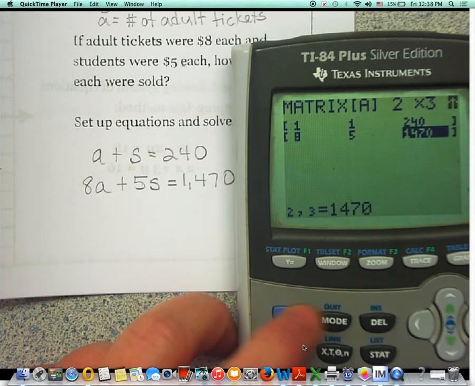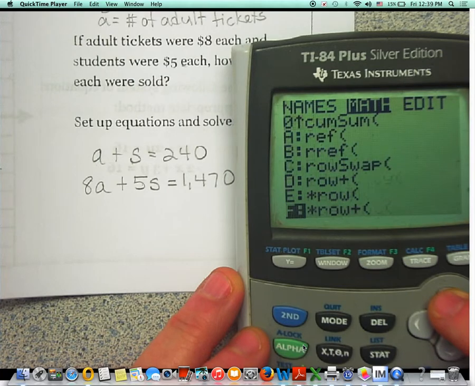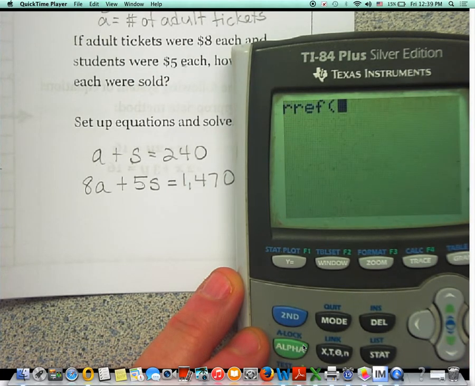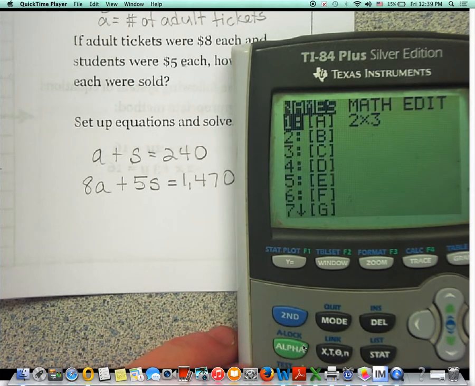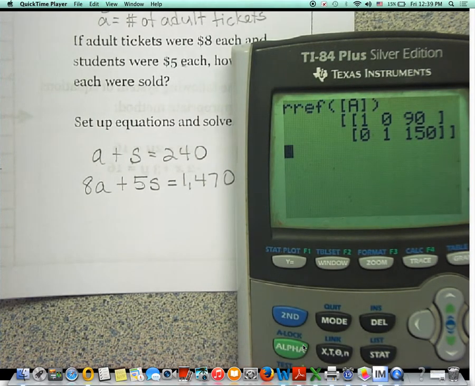And then we'll do second quit, second matrix, over to math, up to RREF, second matrix, enter, and we get diagonal ones, so it looks like we probably did it right with some whole number tickets.